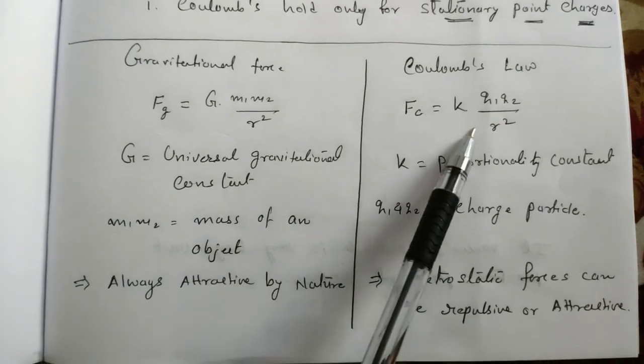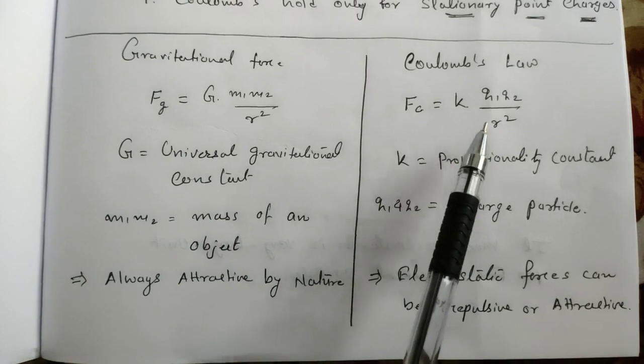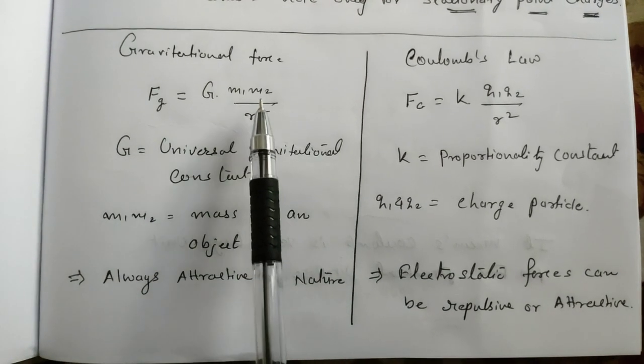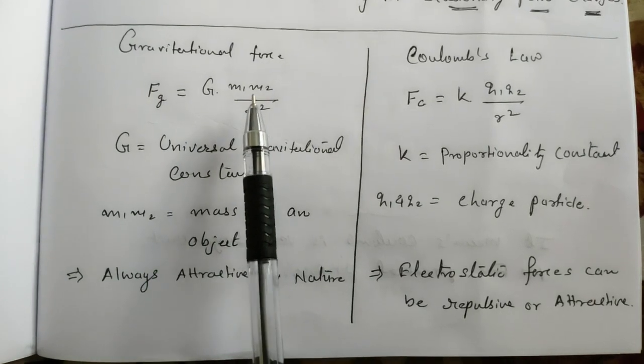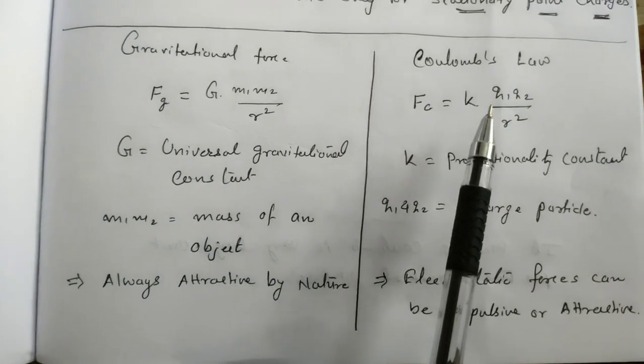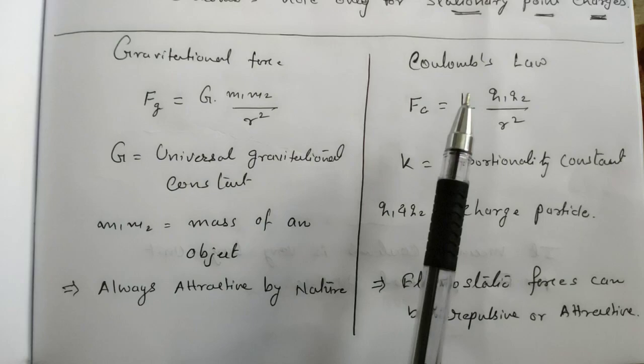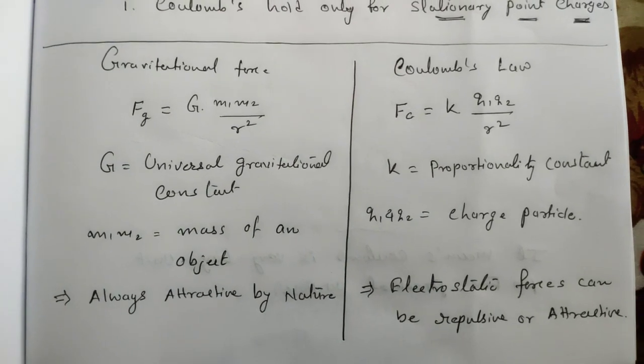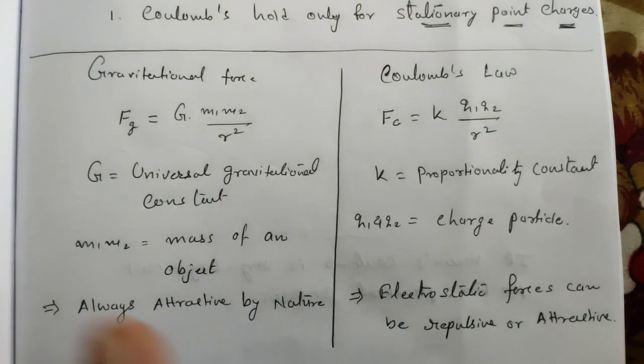If we compare both equations properly, you can see that m1 m2, the mass of an object, and the charge of a particle are equivalent, meaning we can compare mass to charge in electrostatics only.